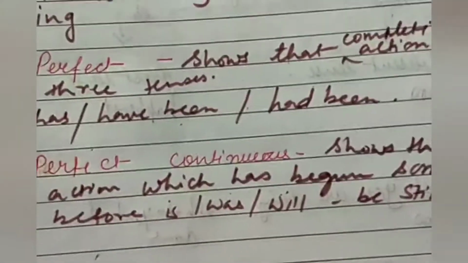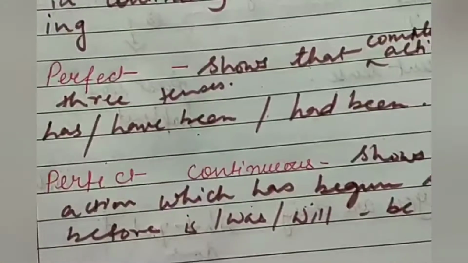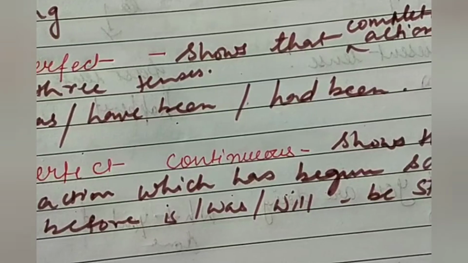And perfect continuous shows that the action which has begun some time before is still continued. So you will use is, was or will, and still continued.